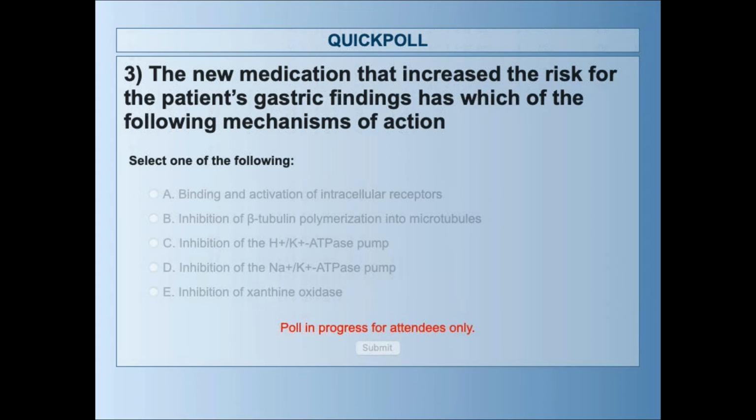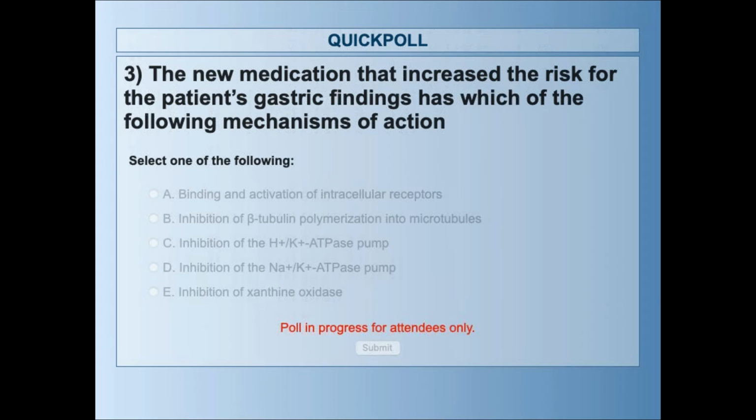Let's see, about half of you have voted. Taking a look at the early results, we've got not a clear leader here, but about 4 of those choices have double digits in terms of respondents.